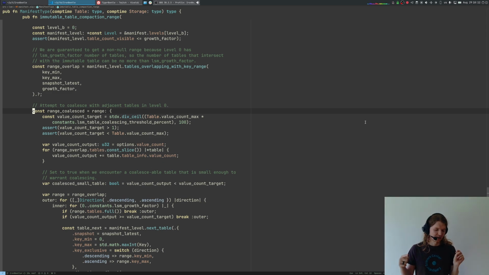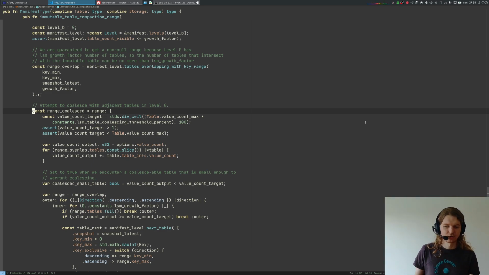But if for these 32 prepares, all the prepares actually contained much less than a full batch of 8,000 transfers, your table might contain as few as just 32 transfers. So it might be the case that you want to compact a bunch of tables, but they are very, very empty, and the resulting table is also going to be empty.